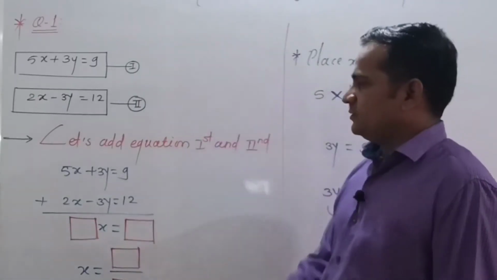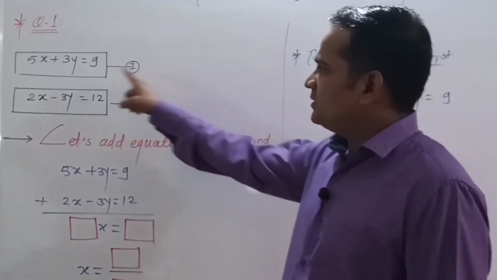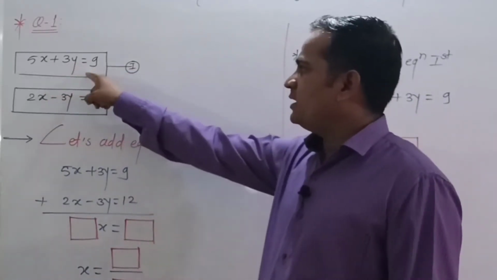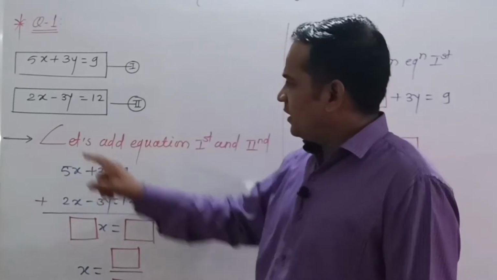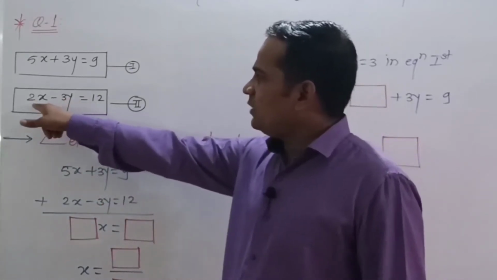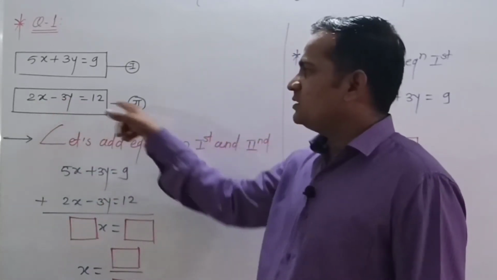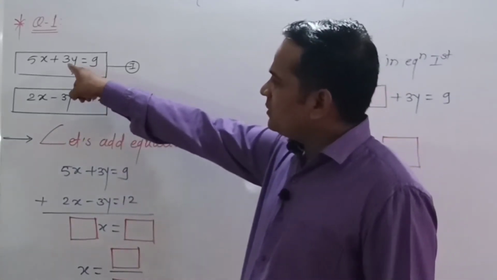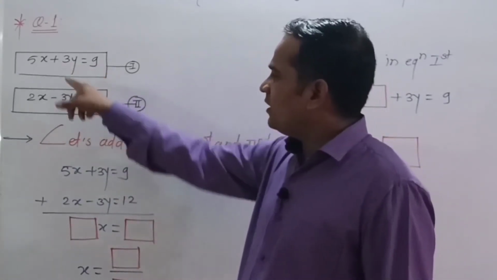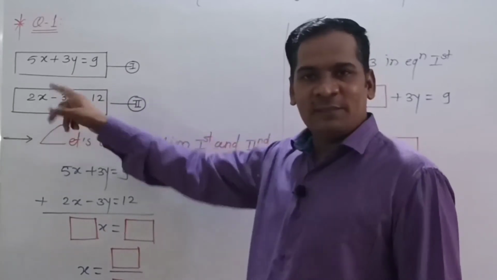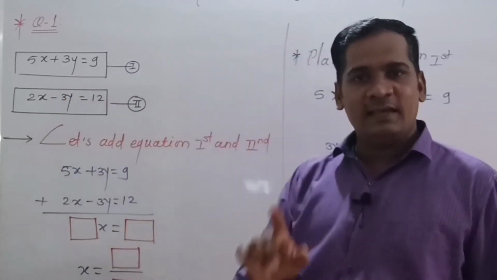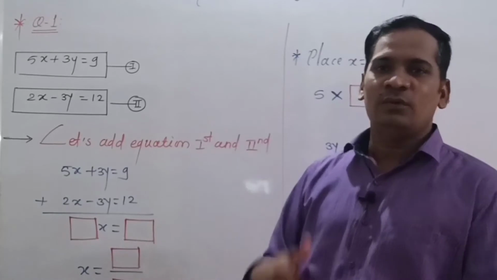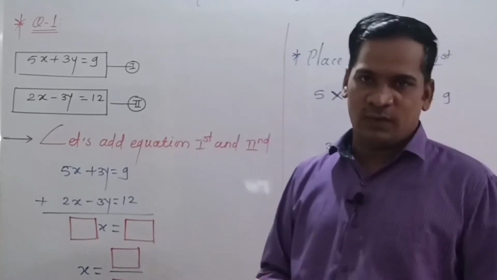The first equation is 5x plus 3y is equal to 9, and the second equation is 2x minus 3y is equal to 12. Look at the coefficient of the variable y. Here is a 3, again here is a 3. That means the coefficient of the variable y is already equal, and there is no need to make it equal again.